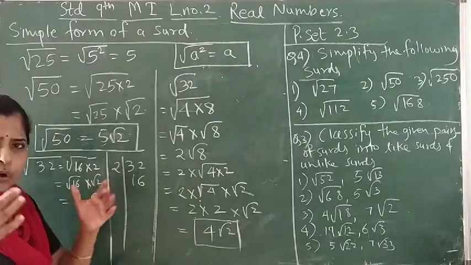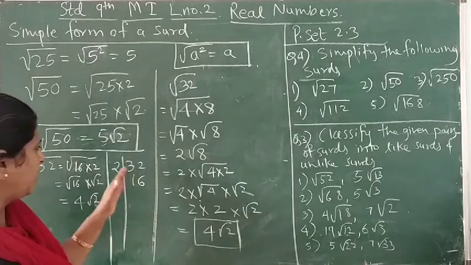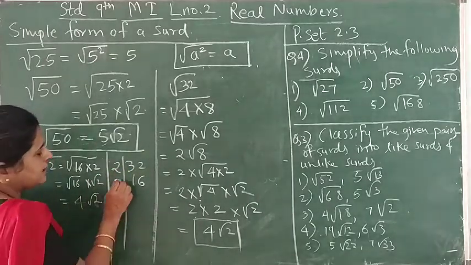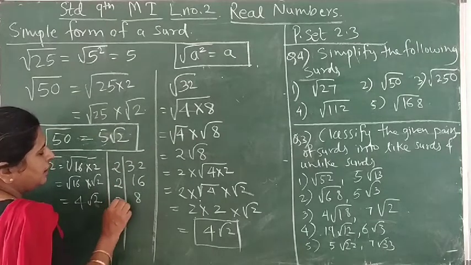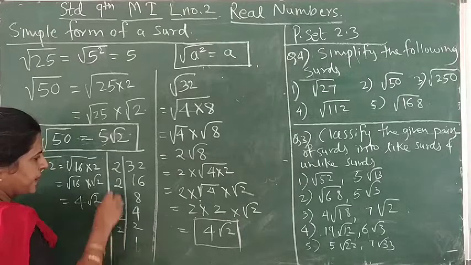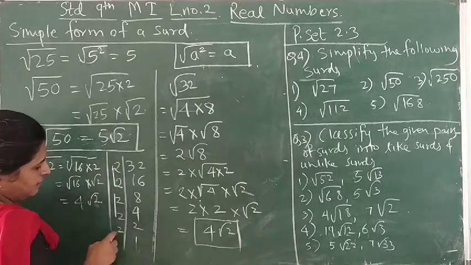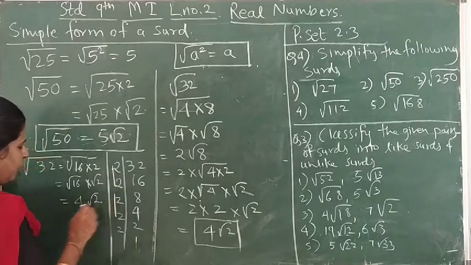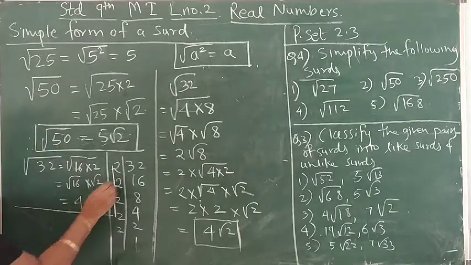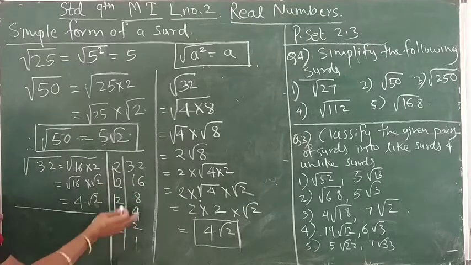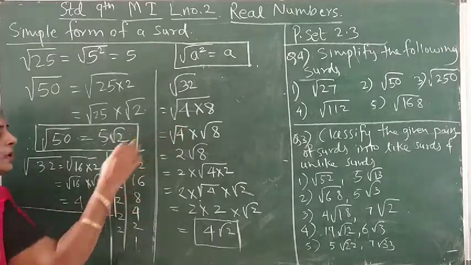But if you don't know the perfect squares well enough, then you can go for the next method. Suppose you go 2 8s are, 2 4s are, 2 2s are and 2 1s are. Then you can make pairs here, and you can see that 2 is the remaining number. For smaller numbers surely you understand, but I am explaining this method for bigger numbers.